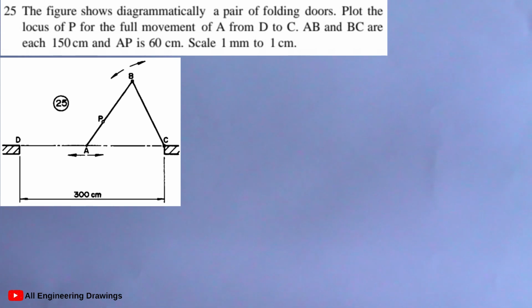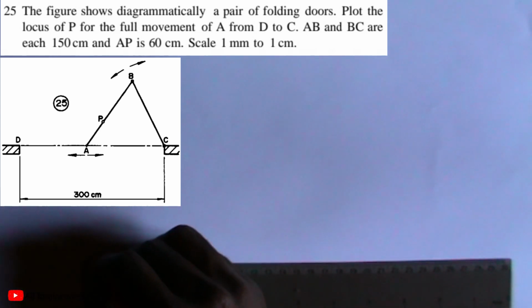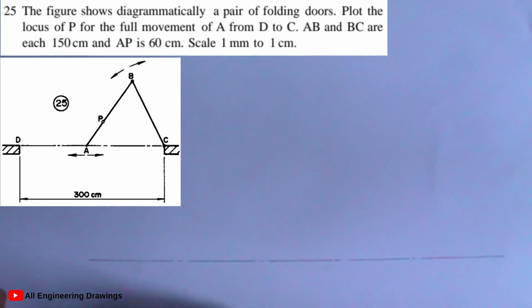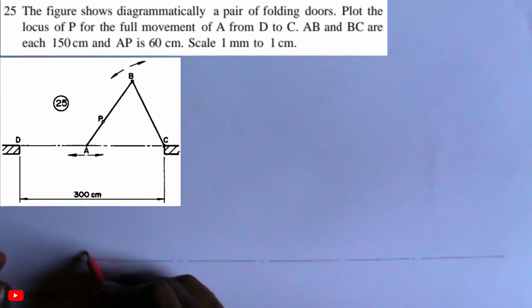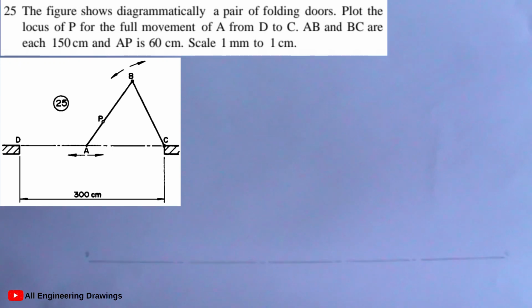From the figure above, that is the diagram above, you observe that line DC is a horizontal line and the dimension is given as 300 centimeter. So according to our scale, we'll be drawing 300 millimeter. We'll label this point D and this point here C, according to the diagram above.